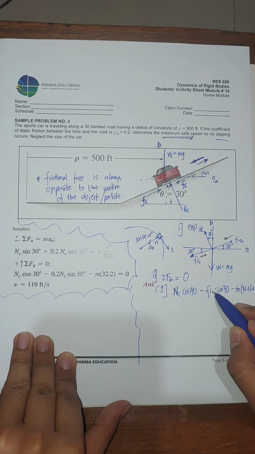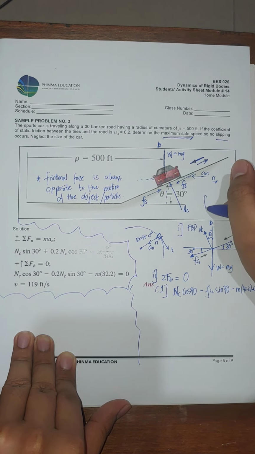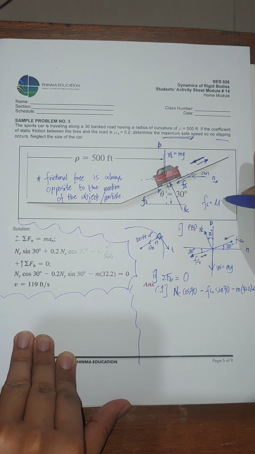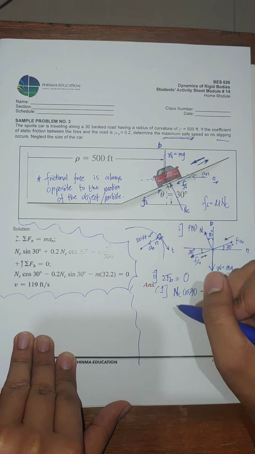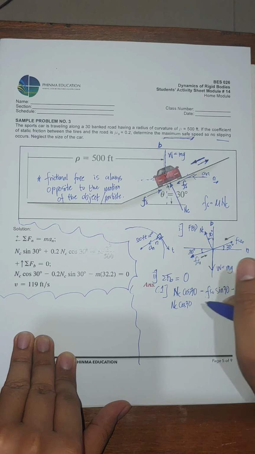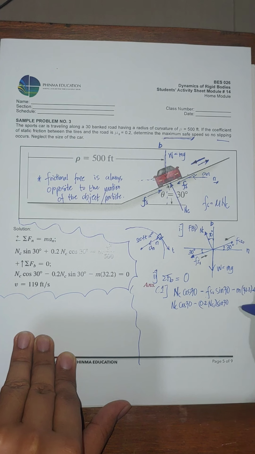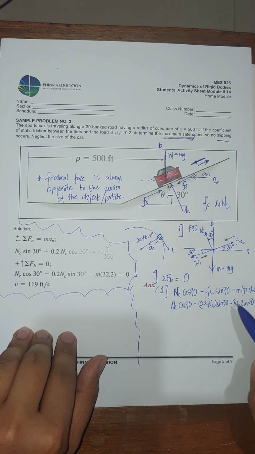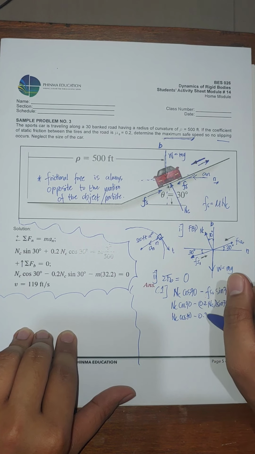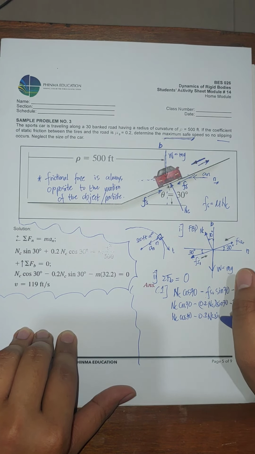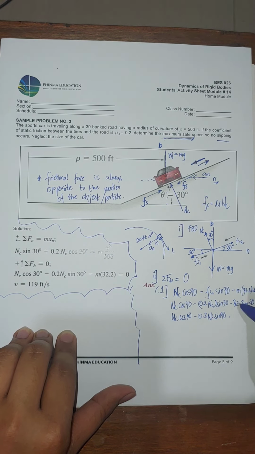So for Fs1, we know that the frictional force is just equal to mu, the coefficient of friction, times the normal force. So let's rewrite: we have NC cosine 30 minus 0.2 NC sine 30 degrees minus 32.2 m is equal to 0. Simplifying further, we have NC cosine 30 minus 0.2 NC sine 30 is equal to 32.2 m.